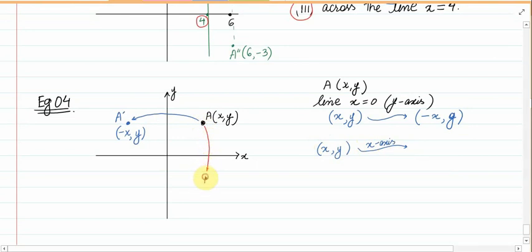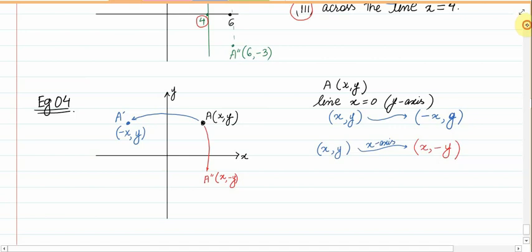And I'll say that it's a double dash. Since there is no change in the x value, it remains the same, and y will be negative. That means when you reflect the point x, y across the x-axis, x remains the same but y becomes negative y.